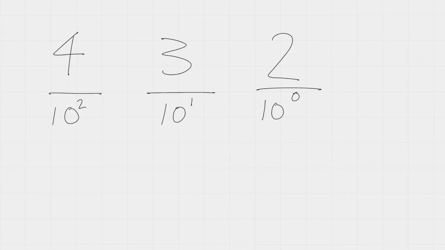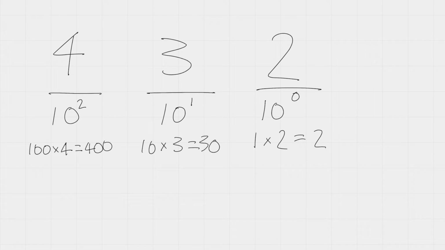So first, we have 10 to the power of 0 times the value in the ones place, and 10 to the power of 0 is 1, times the number 2, which is equal to 2. Then next, we have 10 to the power of 1, which is 10, times 3 is equal to 30. And then we have 10 to the power of 2, which is 100, times the number in the hundreds place, which is 4, which is equal to 400.